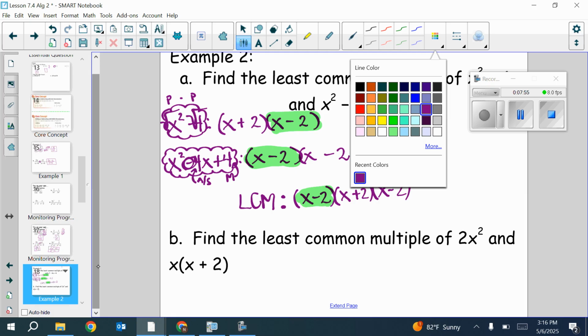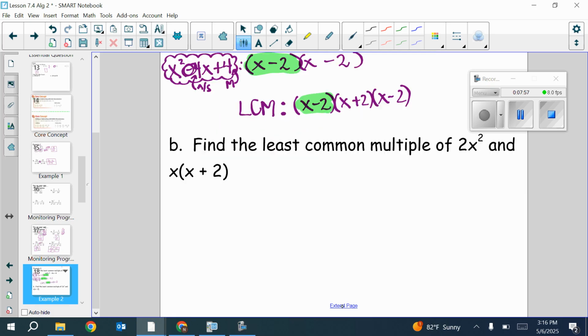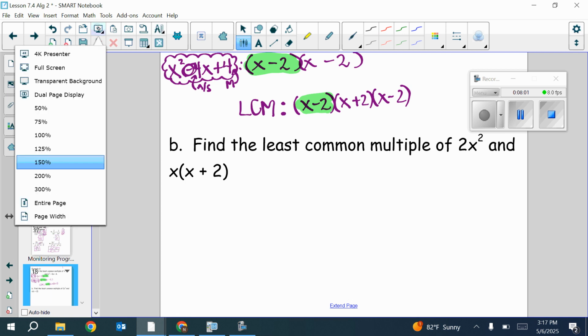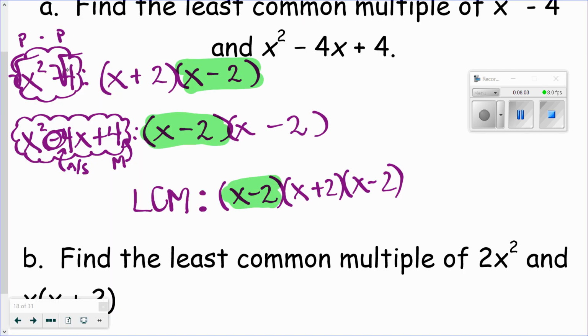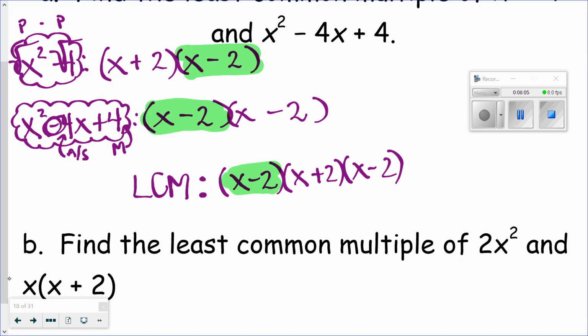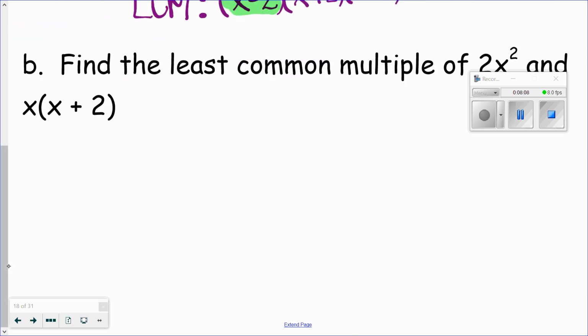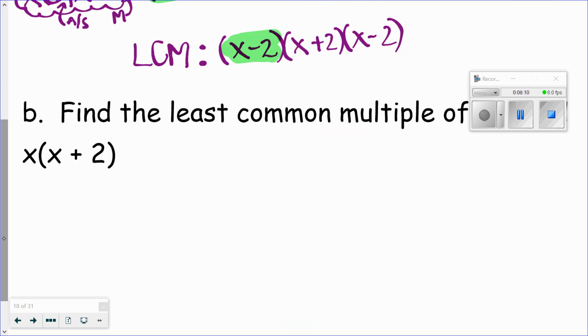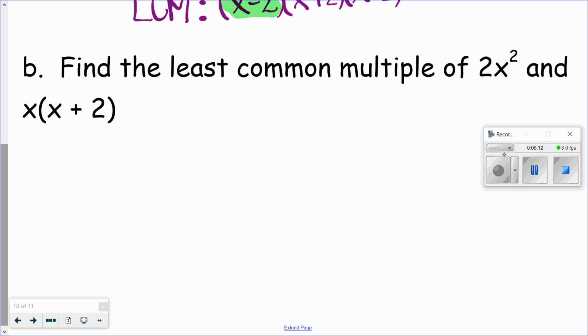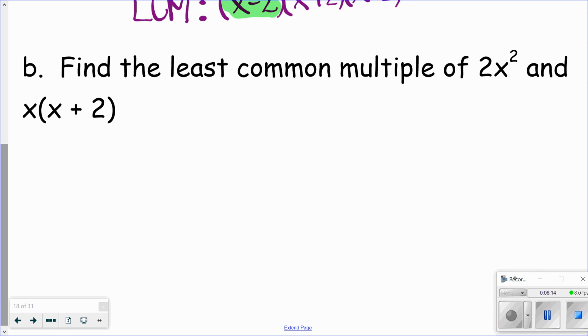Let's look at this next part. Let's list out the factors for each of these. So we've got 2x squared. Find the least common multiple of 2x squared and of x and x plus 2.